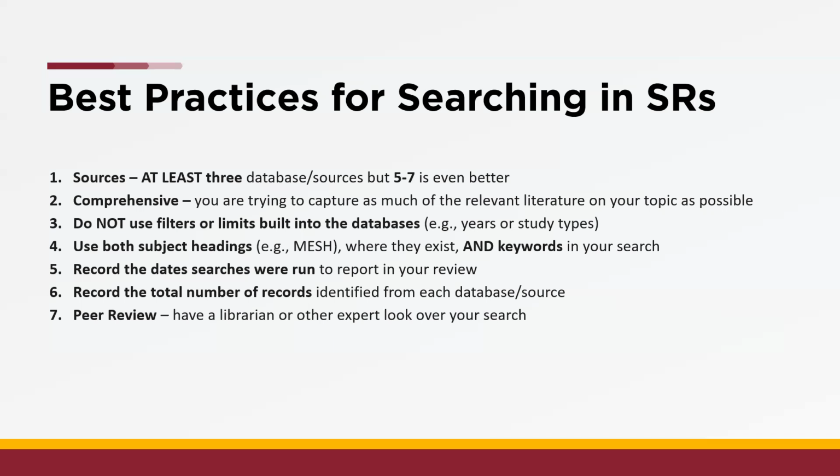If you use a filter for a study type, like randomized control trials in PubMed, you can click that little filter, but it's notoriously not great. I have seen it a number of times miss randomized control trials and also give me reviews when I have that filter checked. So don't use that filter, particularly when you're trying to do a review.